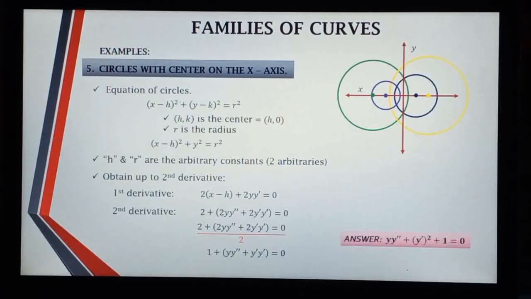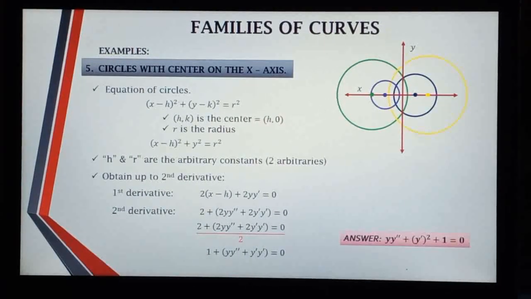So your differential equation for any circles with centers on the x-axis, that is y double prime plus the quantity of y prime squared plus 1, then equated to 0.